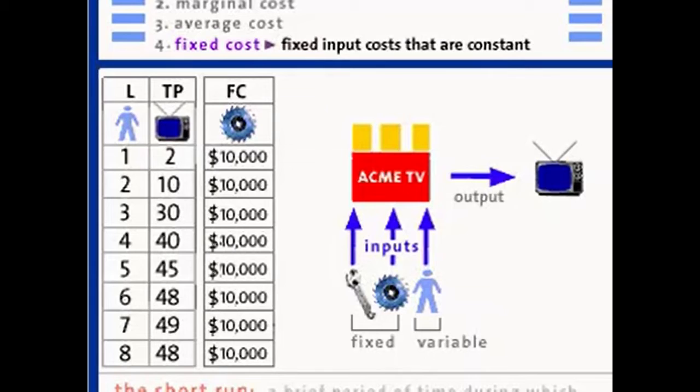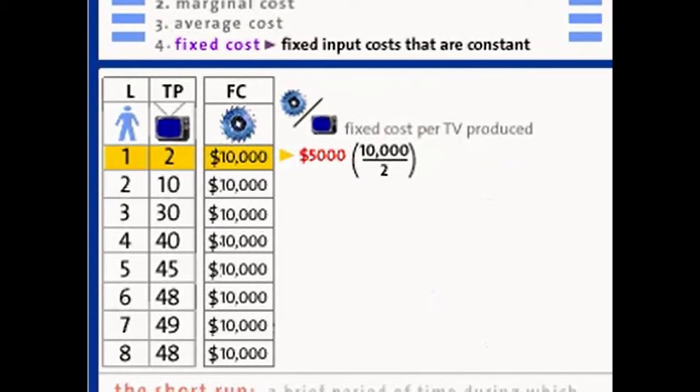You can only spread your overhead, your fixed costs, over 2 sets, and that means $5,000 per set, and that's very expensive. But the more sets you produce, the more thinly you can spread your fixed costs out. If you produce 10,000 television sets, your fixed cost per set will go down to only $1. So the more you produce, the more your fixed cost per unit shrinks, shrinks, shrinks.